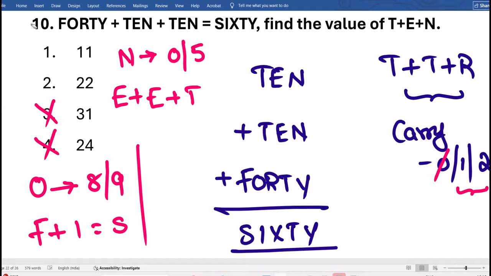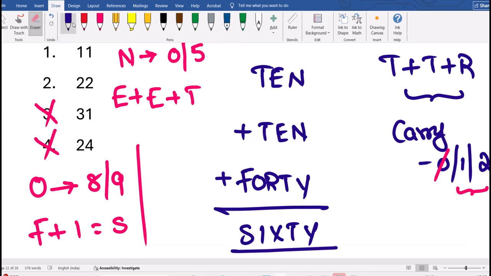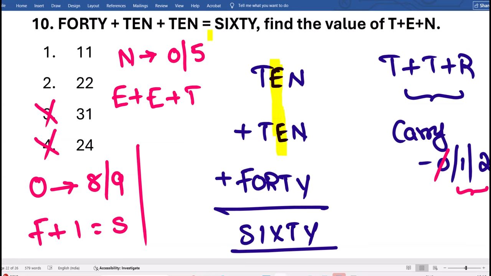E plus E plus T, there may be some carry from previous, chance is there. This line you focus. We can think about E and T relationship here.